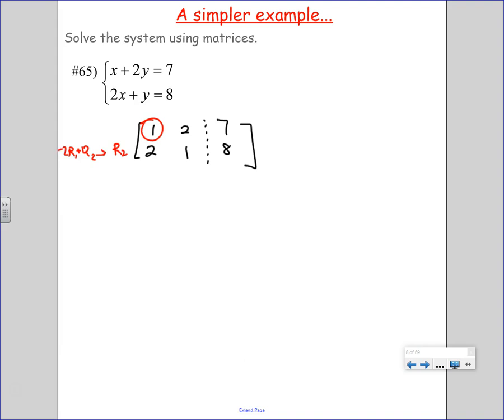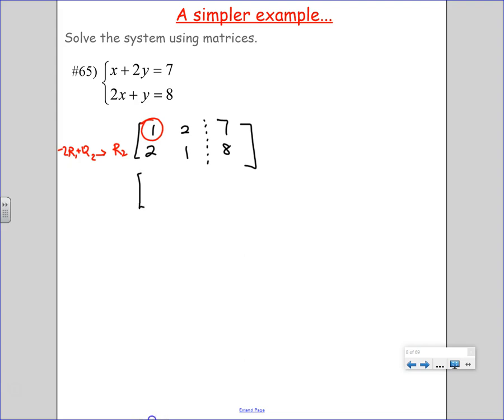Okay. The system is, if you ever need to get 1s, and it's not there already, multiply by the reciprocal or divide. And if you ever need to get zeros, multiply the row with the established 1 by the opposite coefficient and then add.